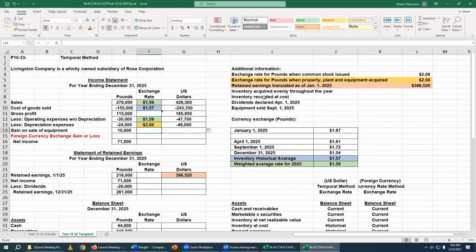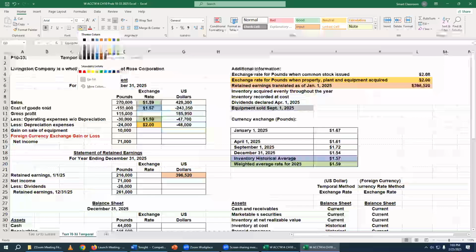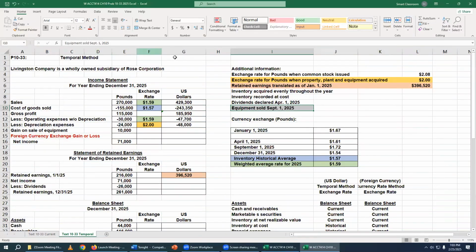Gain on sale of equipment. That's the same as we had before, sale of equipment. September 1st.